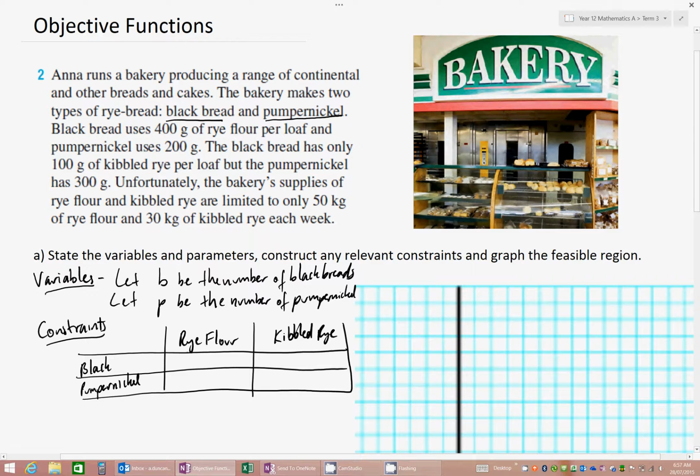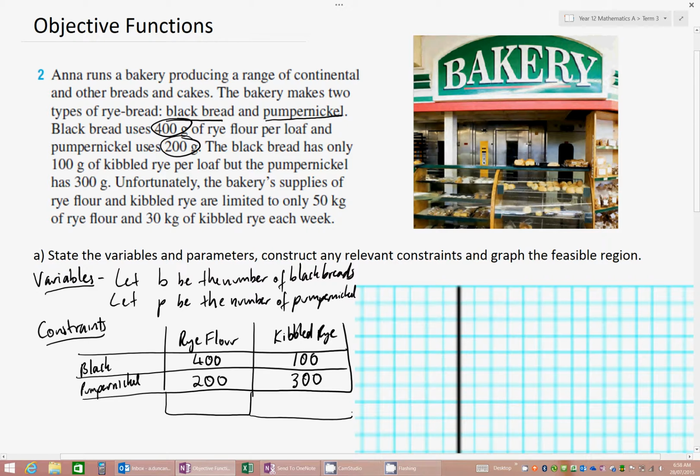So in terms of rye flour, black bread requires 400 grams per loaf, and pumpernickel uses 200 grams. In terms of kibbled rye, black bread uses 100, and pumpernickel has 300.